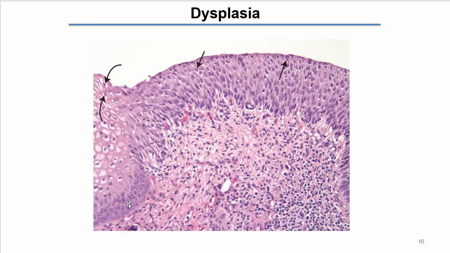You'll note that over here on the left-hand side, this is a normal stratified squamous epithelium. But when we get in here, to the right, this is dysplastic. This is dysplasia. Look at the size of the nucleus here and here, and contrast that to the size of the nucleus all through this tissue.